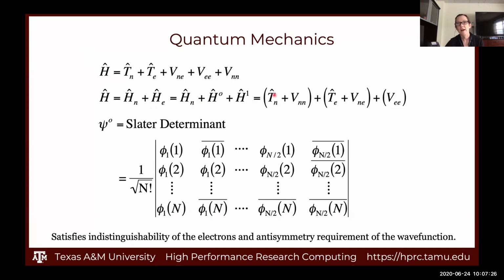We have the nuclear part split up here: nuclear kinetic energy and nuclear-nuclear repulsion. Then we can bundle together the electron kinetic energy and the nuclear-electron attraction term. And lastly, the difficult one, the electron-electron repulsion term. This is the most difficult, and most of the time is spent trying to calculate it.